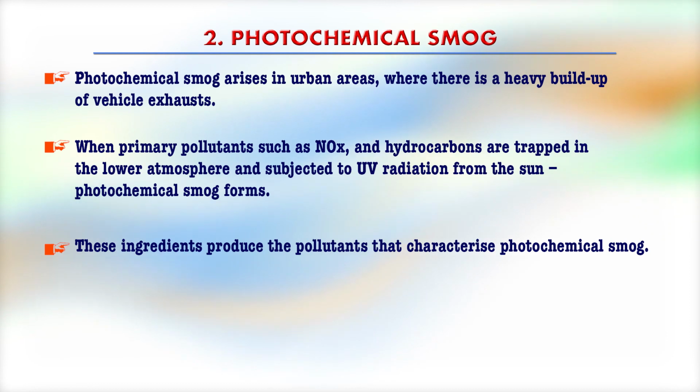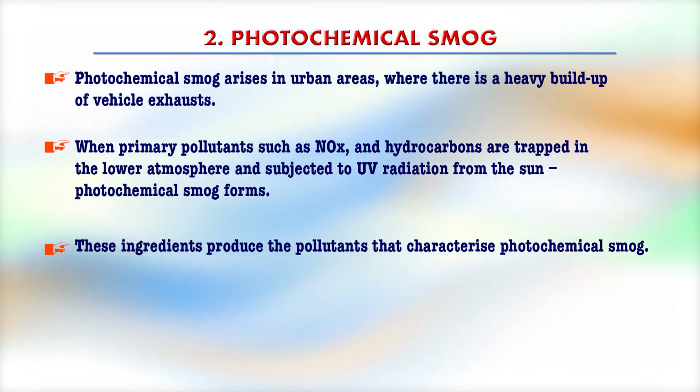These ingredients produce the pollutants that characterize photochemical smog. These products are termed gross photochemical oxidants and are defined by their ability to oxidize iodide ion to the chemical iodine.